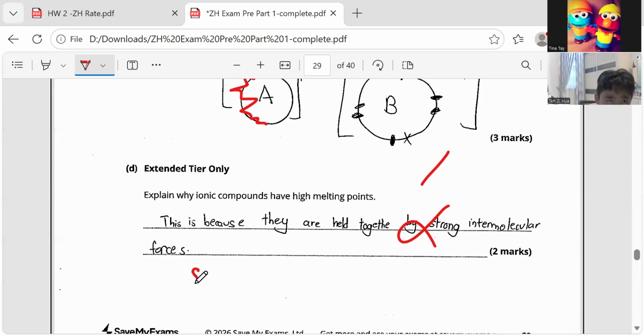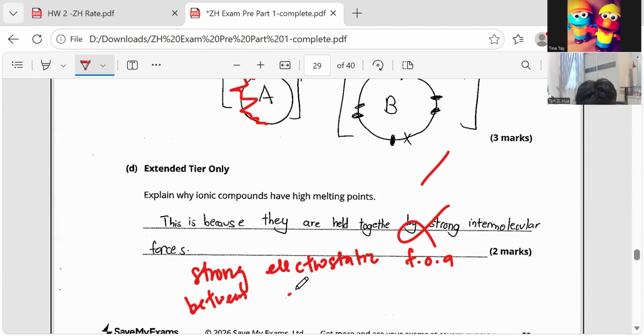Electrostatic force of attraction. Yes. Strong electro... If you write like this, here 2 marks gone, there 2 marks gone, no more answers already. So you know the answer. Why do you simply write electrostatic forces of attraction? Then you must write between positive and negative ions, or you can say between oppositely charged ions. Okay?